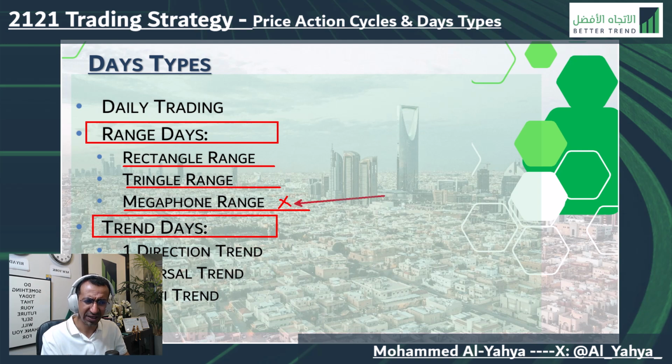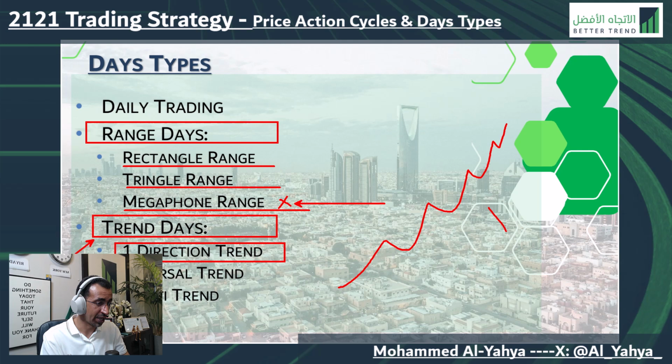If you see it, I advise you don't trade that day. Then the trend day: we have a one-direction day, only one, up, up, up, or down, down, down. A trend day could be a reversal trend. What does reversal mean? We'll come to that. And you can have a multi-trend day.